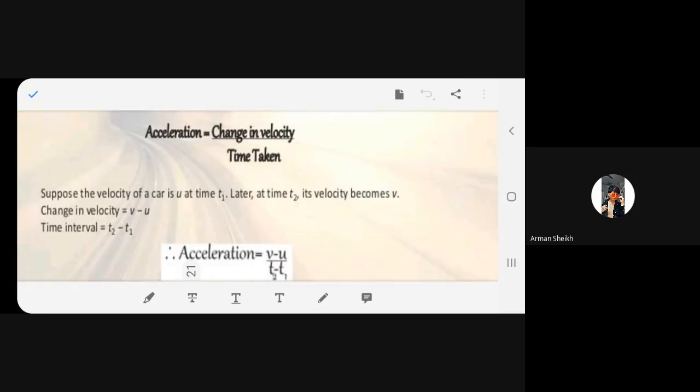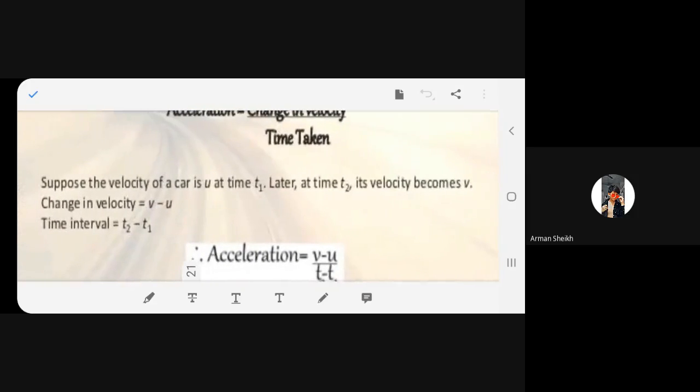Suppose the velocity of a car is u at time t1. Later at time t2, its velocity becomes v. Change in velocity is equal to v minus u.